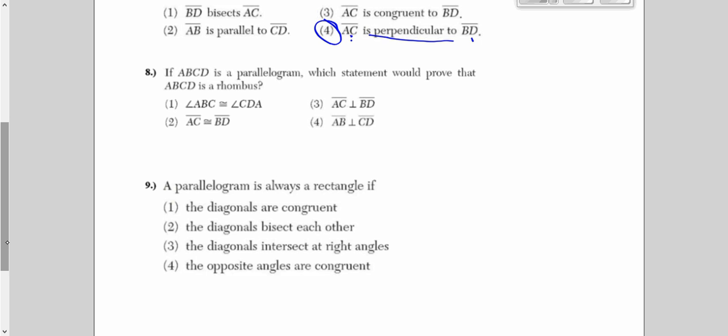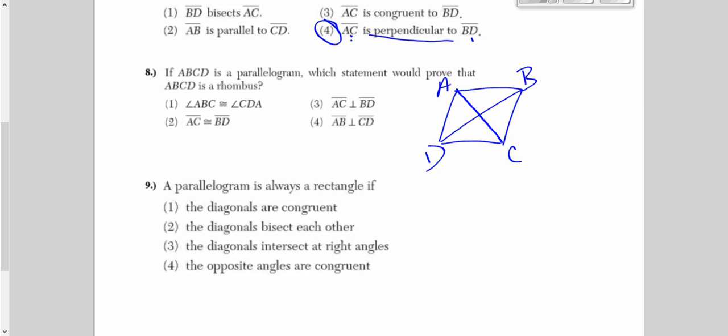So we got A, B, C, D. And are any of these choices referring to the diagonals of this parallelogram? Okay, so we might want to draw the diagonals in so we can think about it.